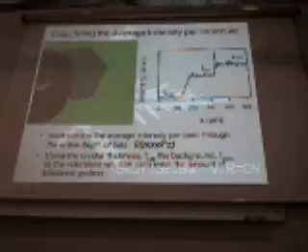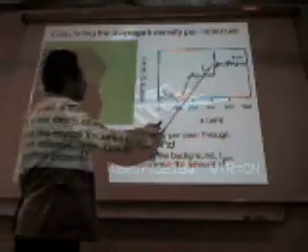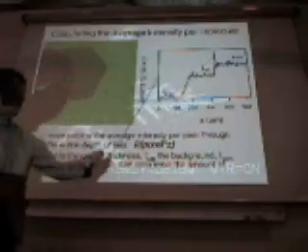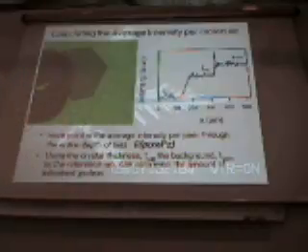I have to finish. Finally, I can say something about the density on the interface. We try to analyze this peak, and using this peak, it's possible to analyze the adsorption density on the interface.